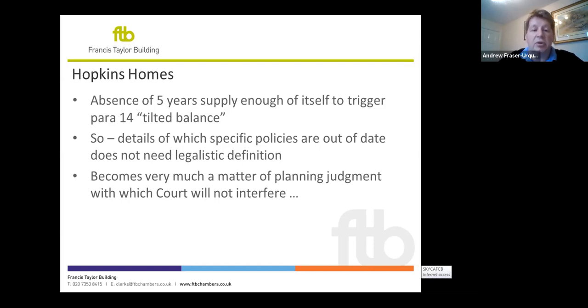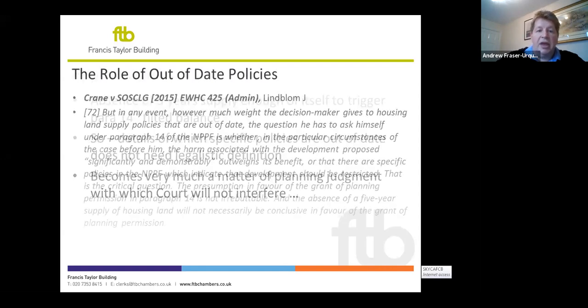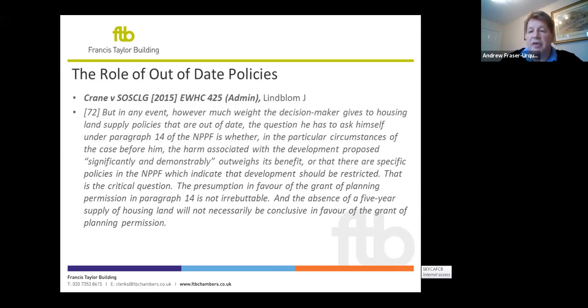So for example, the example given there was the moving into the area of a new employer with a massive new factory. That might render the whole factual background in terms of employment policies out of date just by virtue of the facts on the ground. And so Hopkins Homes is a very useful citation if one's seeking to make that sort of argument. But the key thing about Hopkins Homes is the 5-year supply.